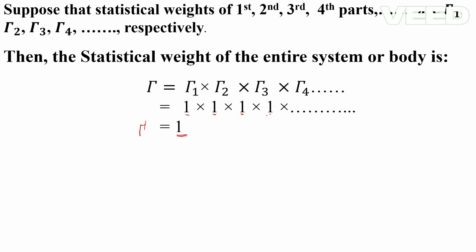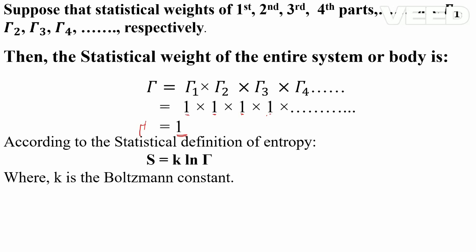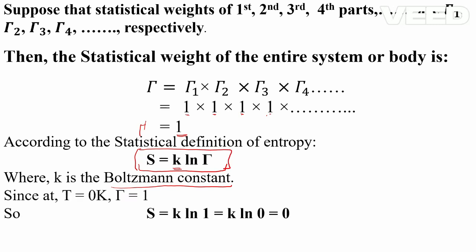From the statistical definition of entropy, S is equal to k log W, where W is the statistical weight and k is the Boltzmann constant. Now at temperature 0 Kelvin, the statistical weight of the entire body comes out to be unity. So S is equal to k log 1.